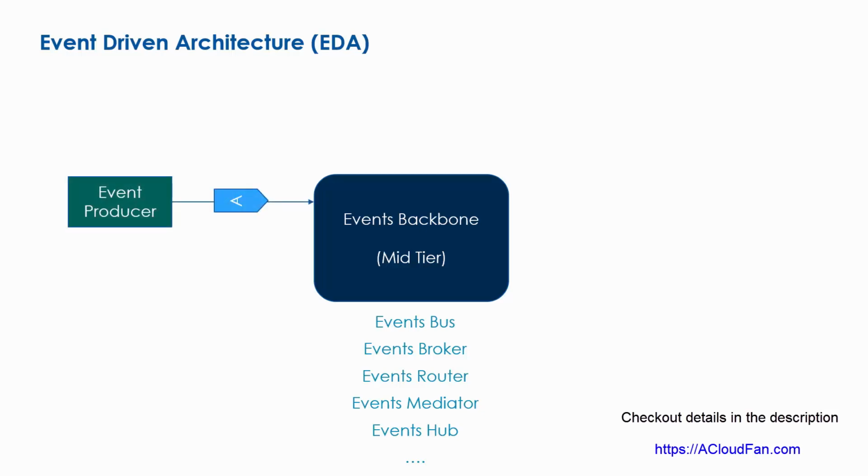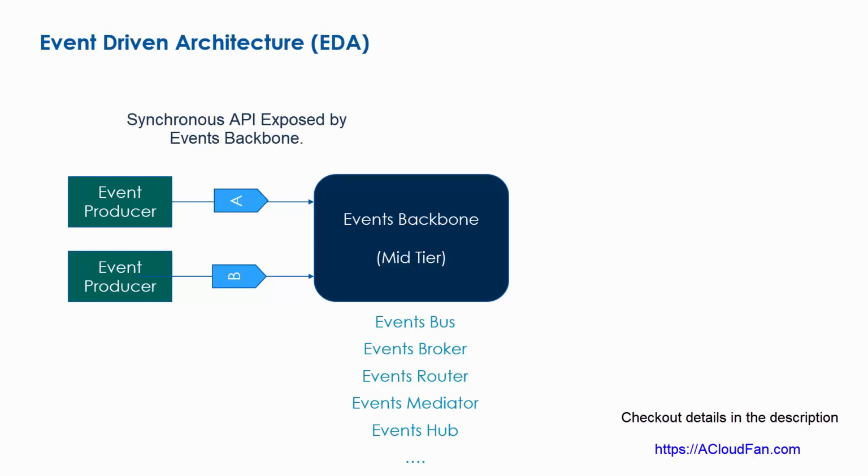Producers of the event inform the event's backbone of something of interest happening. And they do this by way of a synchronous mechanism exposed by the event's backbone. When the event's backbone receives the event, it figures out where that event needs to be routed depending on the consumers that are interested in that event.